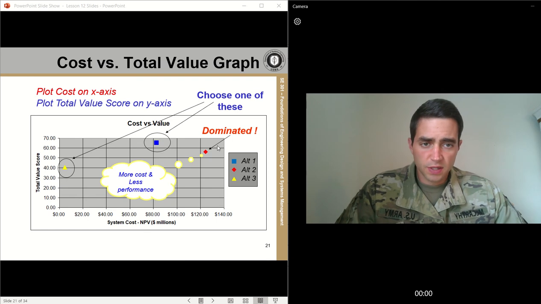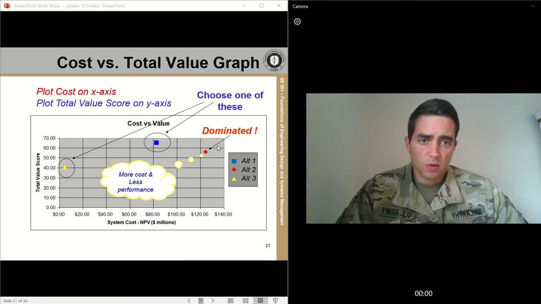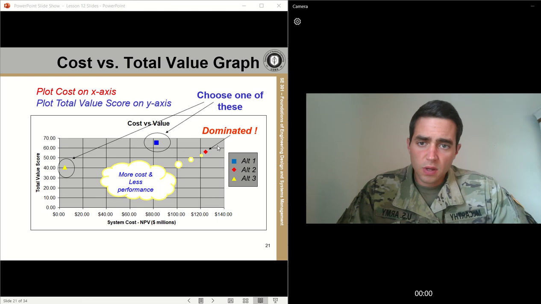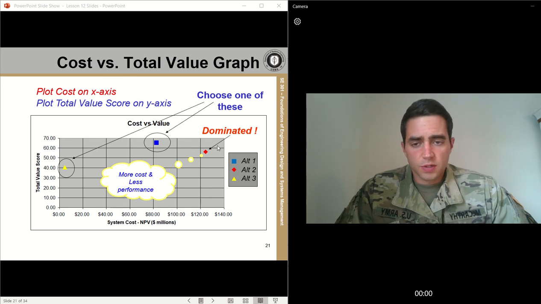There's no reason to consider the dominated solutions in sensitivity analysis or in trade space analysis, which we'll talk about in the next lessons. We should just eliminate this alternative altogether because our stakeholders are not getting the value that they could get from another alternative, but they would still be paying more money.